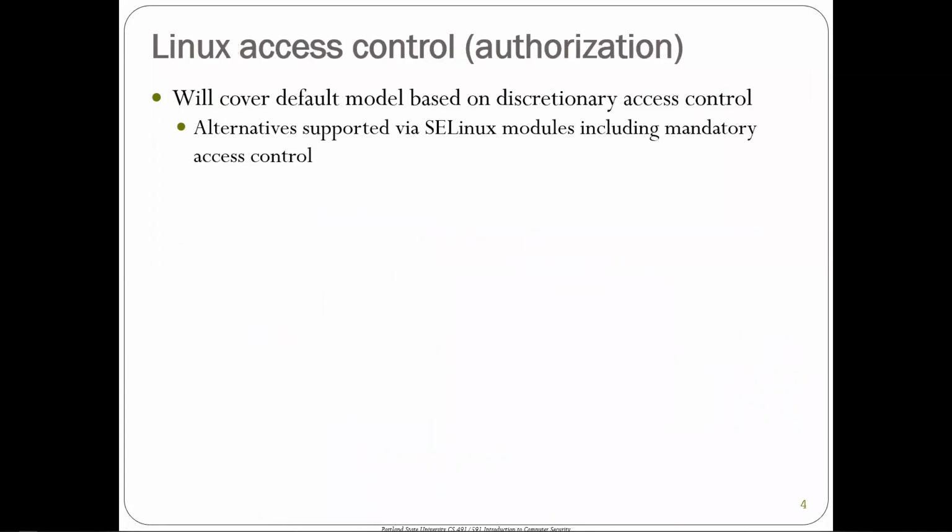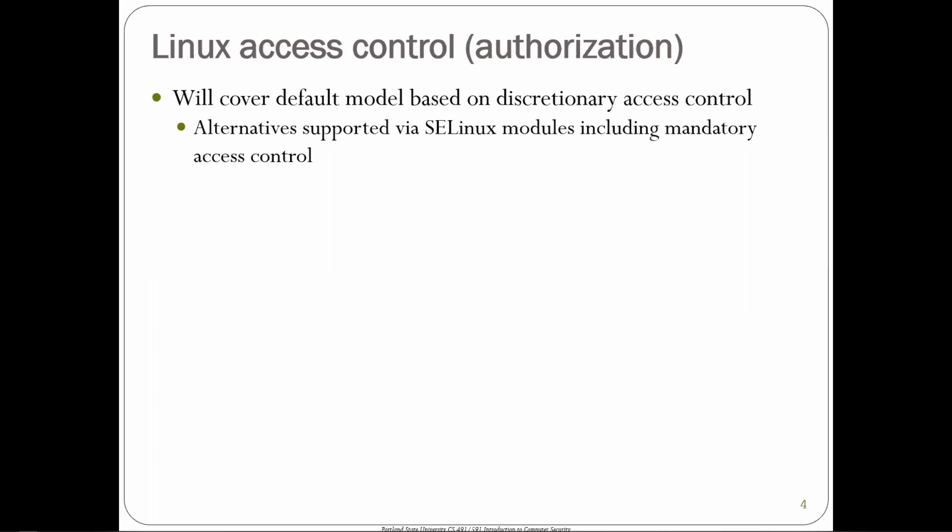On Linux, we're just going to cover the default access control model, what Linux ships with when you download it and install it on your machine. It's important to note that this isn't the only security model you could install for Linux. The federal government was interested in using the code base of Linux in a much higher security environment, and this is what the SELinux project was intended to support: bringing your own access control models into your computing code base.